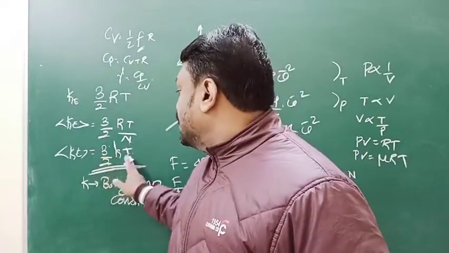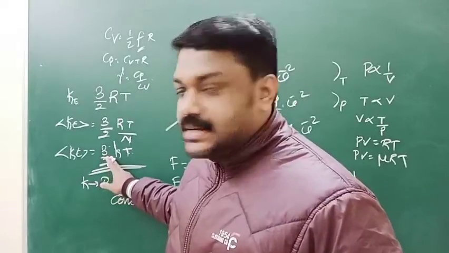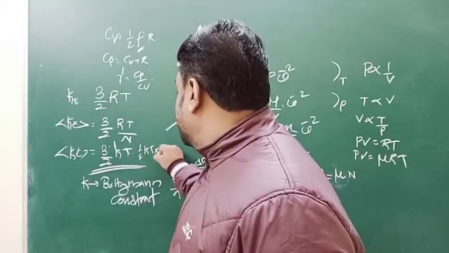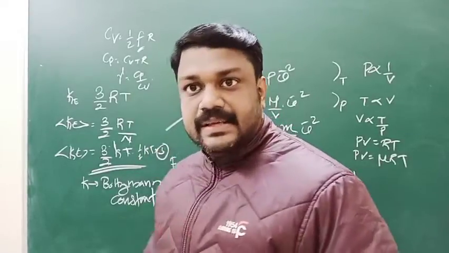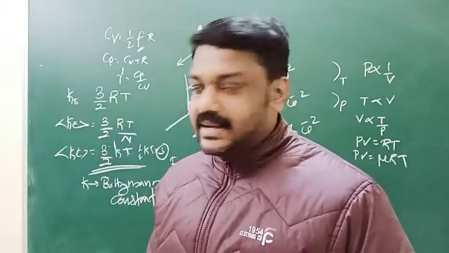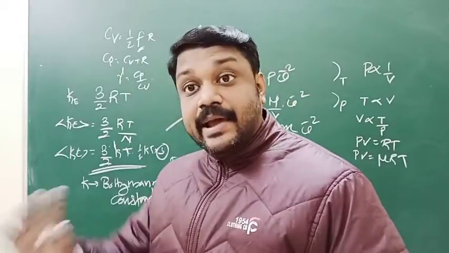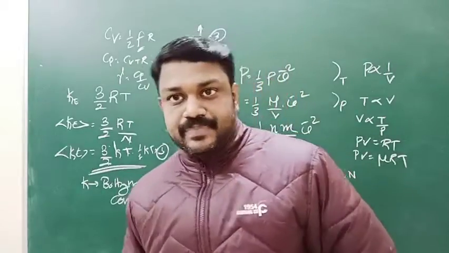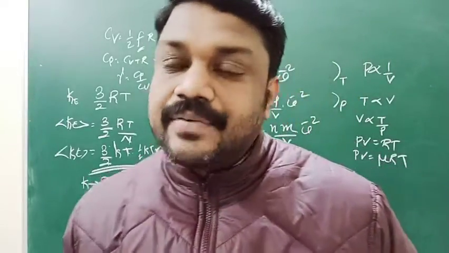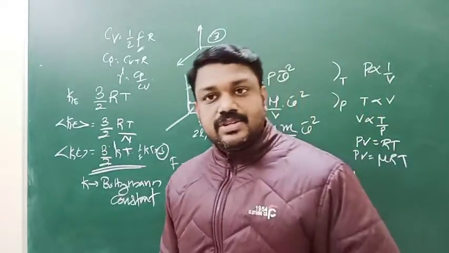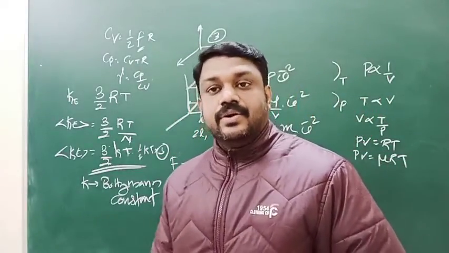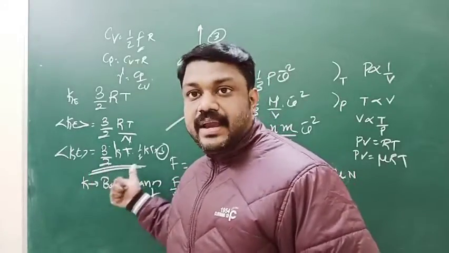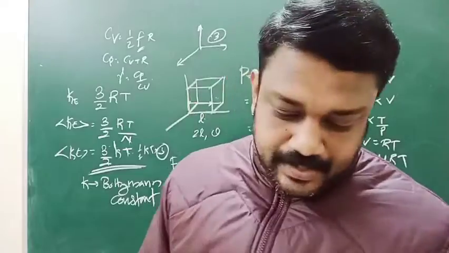If it is 1 by 2 kT for a single molecule, a monoatomic gas, the degrees of freedom is 3, so it is 1 by 2 kT multiplied by 3. Generally, it is 1 by 2 fkT: along each degree of freedom, 1 by 2 kT is distributed. That is known as the equipartition theorem. The average kinetic energy of a gaseous system is equally distributed along each degree of freedom, so it is given by 1 by 2 fkT.